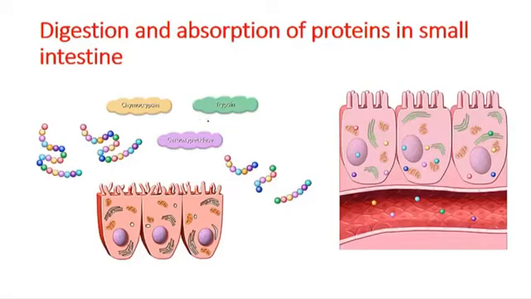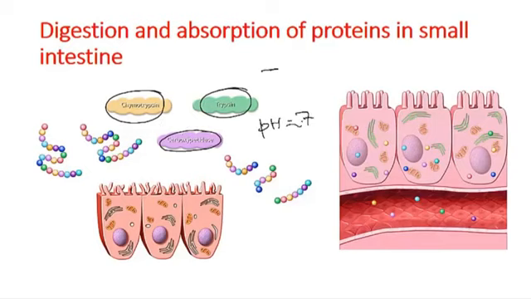For example, trypsin is an activated form of trypsinogen, while chymotrypsin is an activated form of chymotrypsinogen. Carboxypeptidase is an activated form of procarboxypeptidase. They are all the major pancreatic proteases that work at approximately pH 7 for protein digestion.